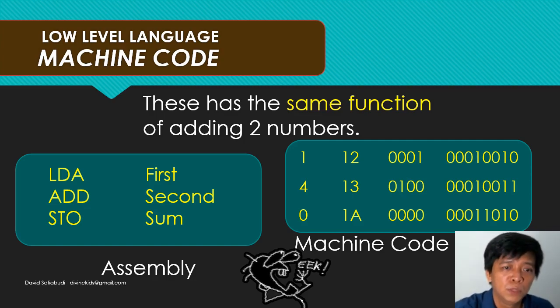Machine code. Machine code here is, you see, 0, 0, 0, 1, 0, 0, 1, 0, 0, 0, 1, 0, 0, 0, and so on. Okay. This one, you see, is all in 0 and 1. This is in the hex code. So you see, it's harder to understand. And you see which one you pick. You can pick the assembly or the high-level language.